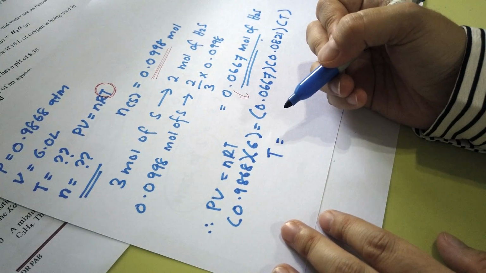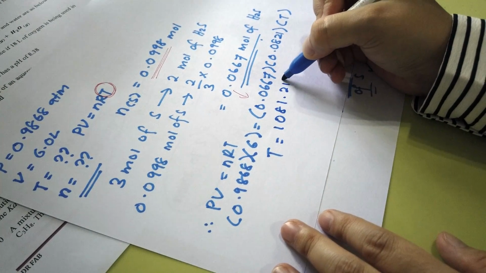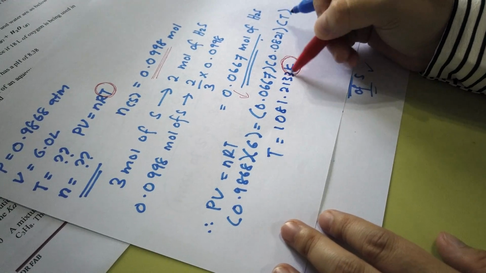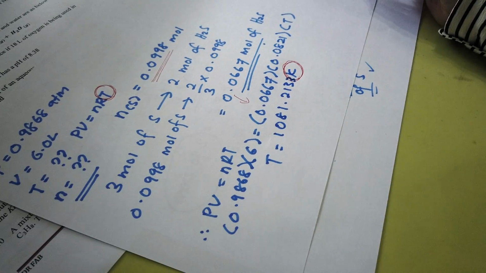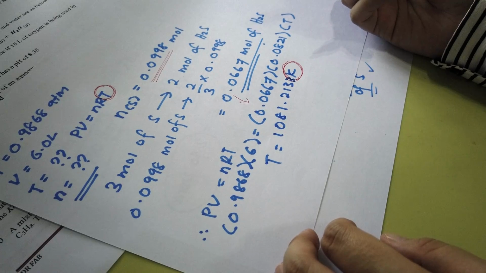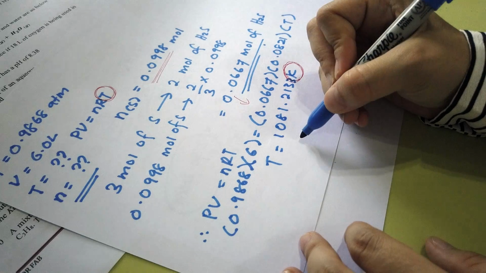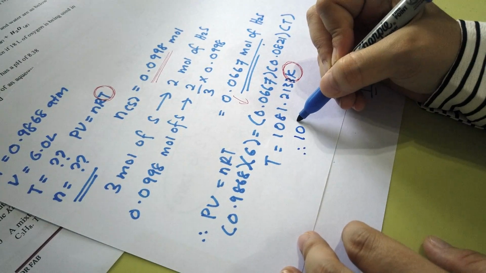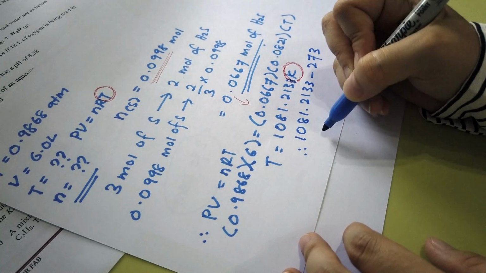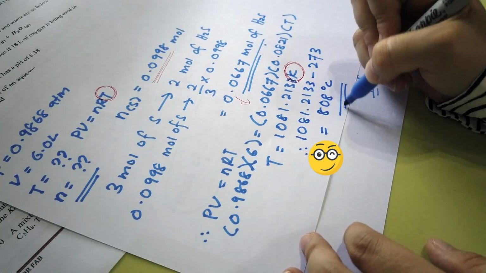So your T is equivalent to 1081.2133 Kelvin. Remember, the unit for ideal gas law supposedly is Kelvin, but the question asks you to calculate the temperature in degrees Celsius. So you need to convert it: 1081.2133 minus 273, you should get 808 degrees Celsius.